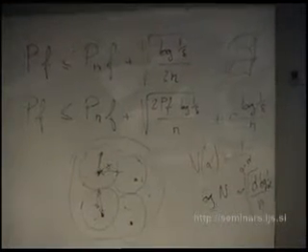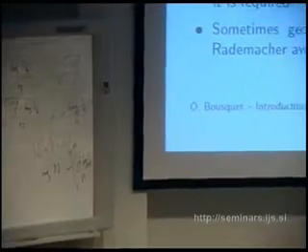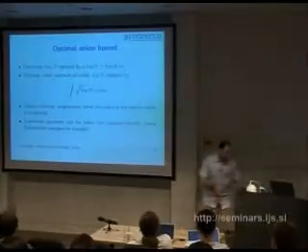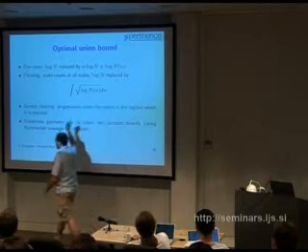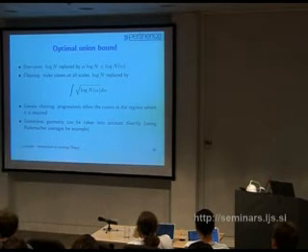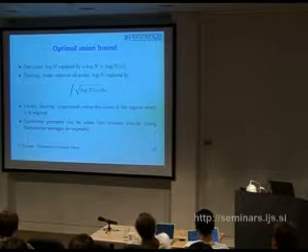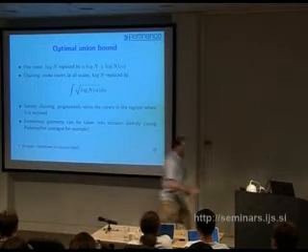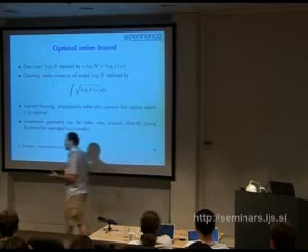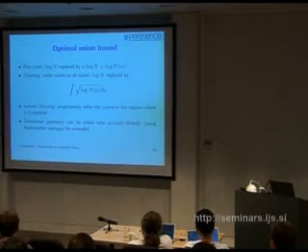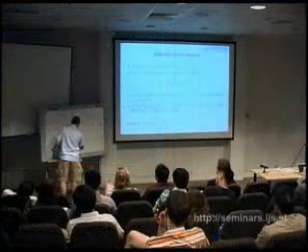Now, you can actually go even further than that and repeat this construction. So here I was using only one scale, right? I covered my class with balls of radius alpha. But if you want to capture a little bit more of the structure of your class, you can iterate this construction and compute covers at all possible radii, right?